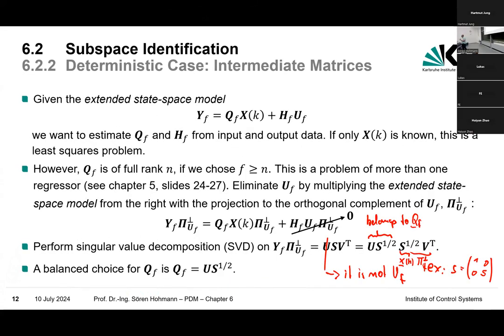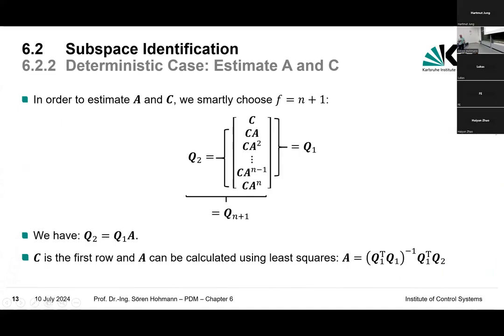Now, this is only the first problem. We solved, okay, QF is given. In a similar way, you can also, by the way, define HF. I just want to give you the basic idea of subspace identification, right? But now, what if we have QF, what can we do with that?